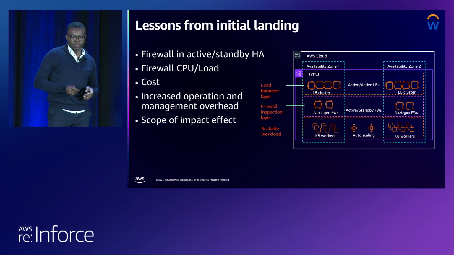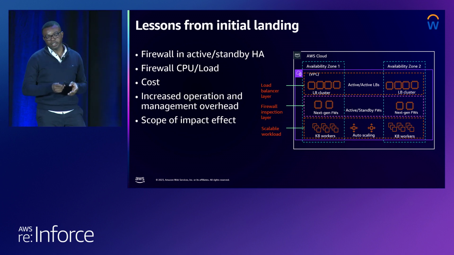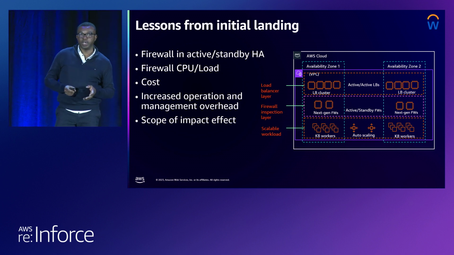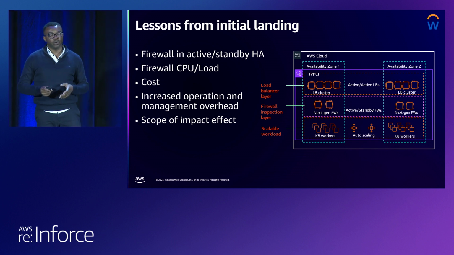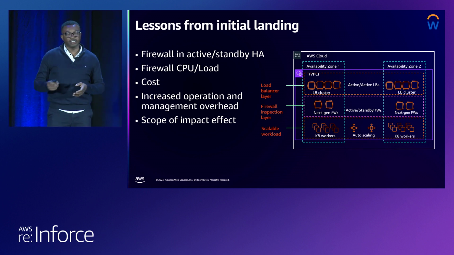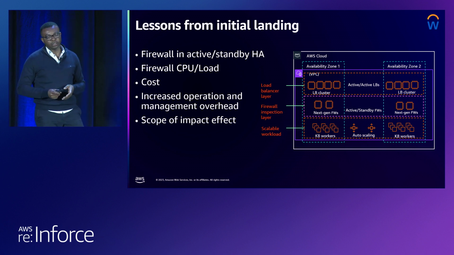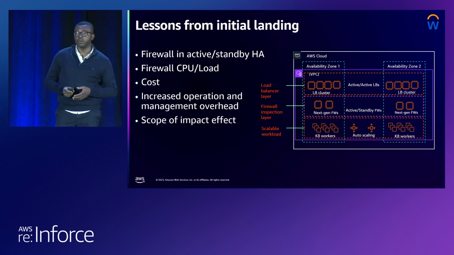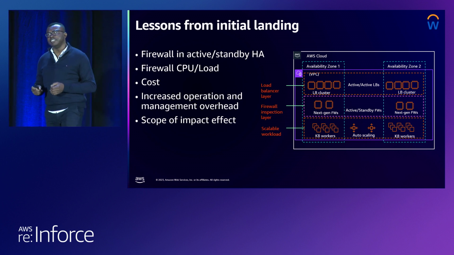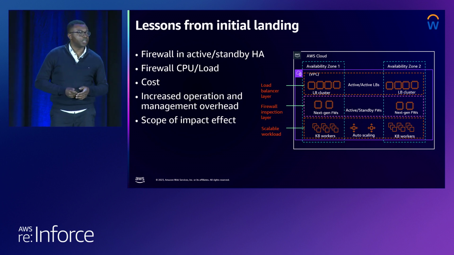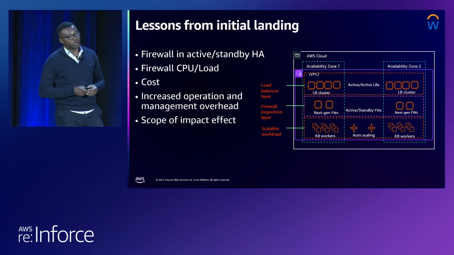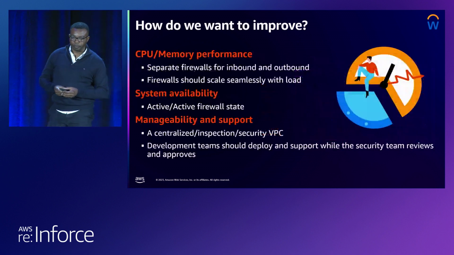Within each AZ, the next-gen firewalls were in active standby, so only one firewall was active at any time. The result was most of the time high CPU utilization on the part of these next-gen firewalls. We also discovered that the engineers spent quite a good amount of time supporting these firewalls. So we thought that it was about time we improved on this setup.